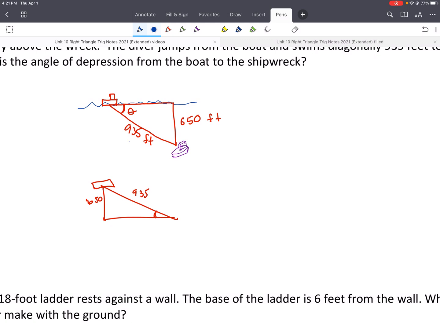Here we have our hypotenuse and our opposite, so we'll do sine. Sine of theta is equal to opposite over hypotenuse. Again, we'll need to do the sine inverse. So we'll get theta is equal to sine inverse of 650 over 935, and theta is approximately equal to 44.04 degrees.